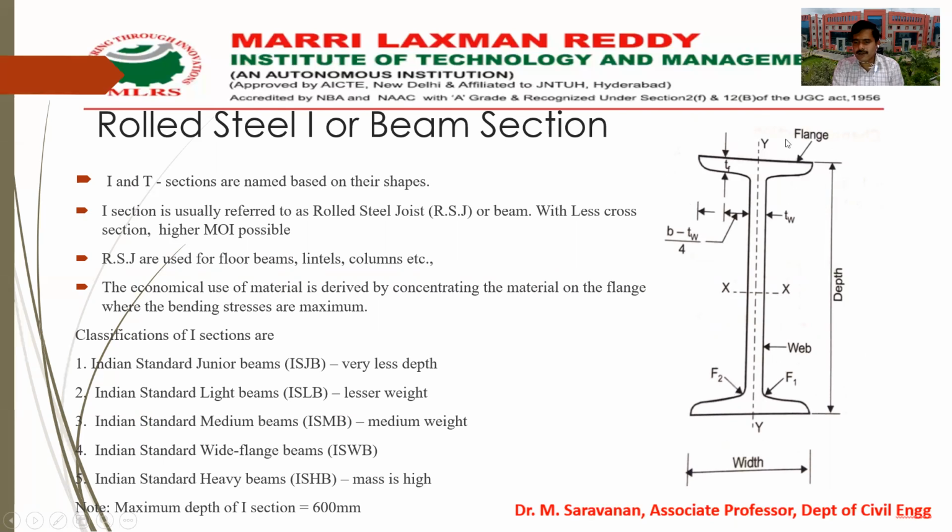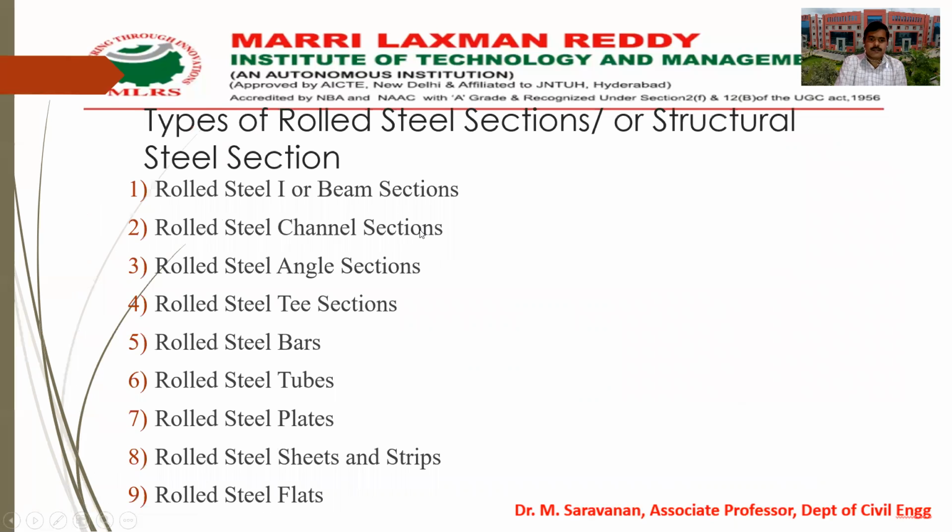All the properties, radius of gyration, everything, can be found from the steel table for the different cross sections: I section, T section, angle section, channel section, for all the sections and all depths. So these are the various types of structural steel: I section, channel section, angle section, T section, bars, tubes, plates, sheets, strips, and flats.